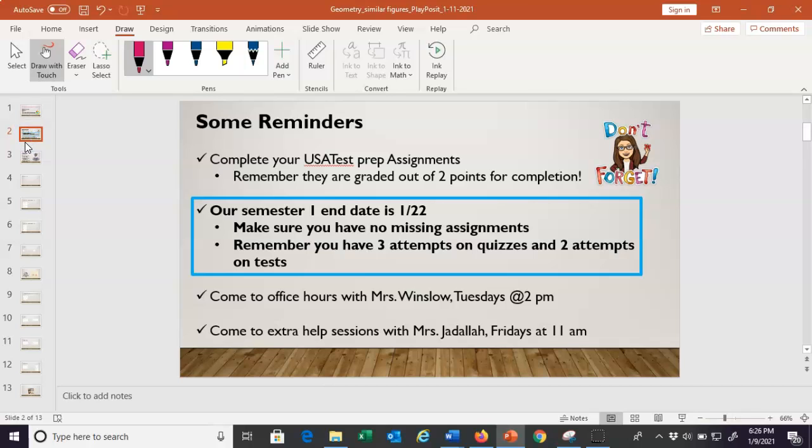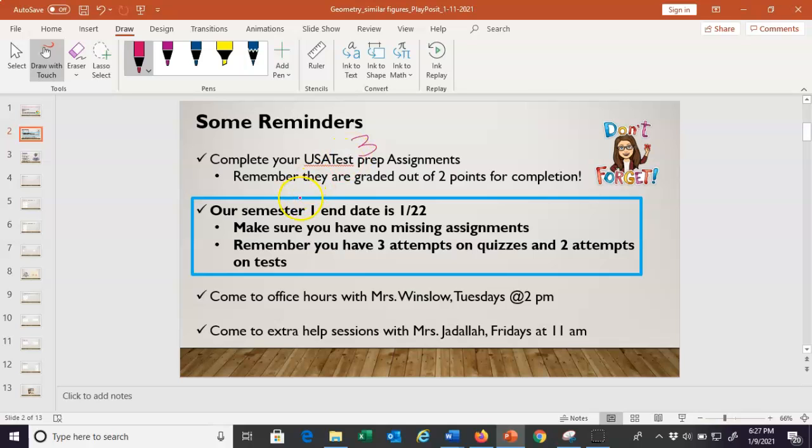Just a few reminders. We've talked about this already, but in case you missed it, you have those practice USA Test Prep assignments. There are 3 of them. Those are for a grade. Each of them is 2 points. You have probably noticed the grade items in your grade book. If you see any zeros for those, please log into USA Test Prep and make sure you have completed at least 3 of those practice assignments.